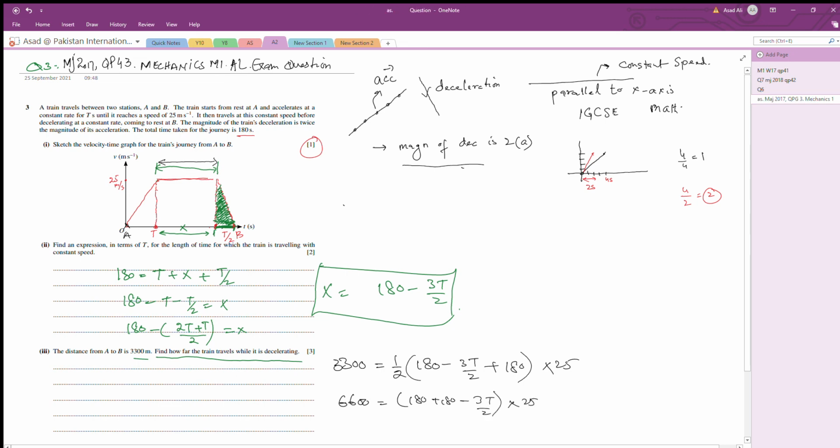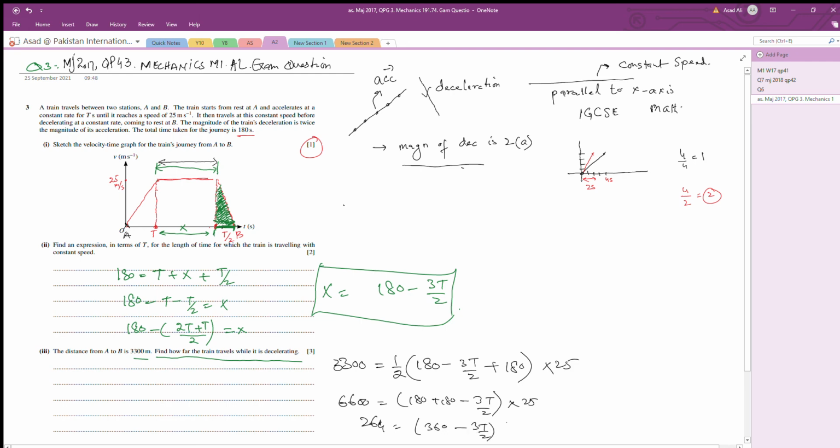I will use my calculator: 6600 divided by 25, I got 264. Now this is 360 minus 3t over 2.